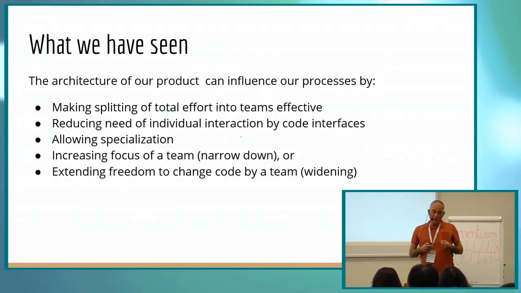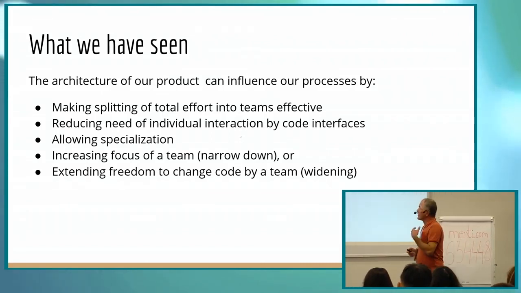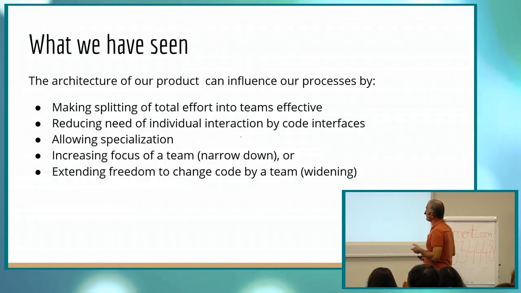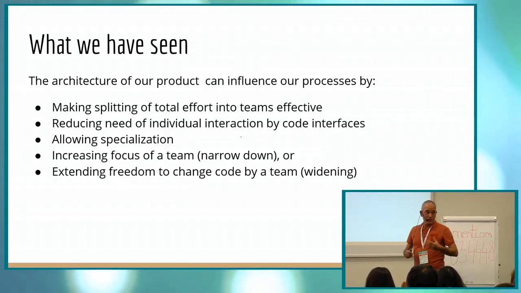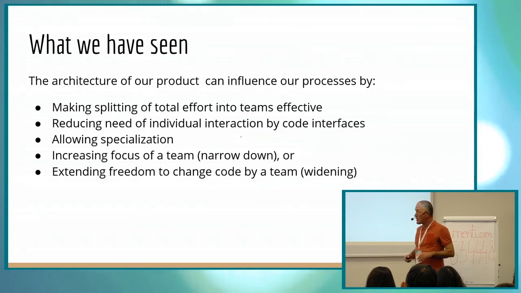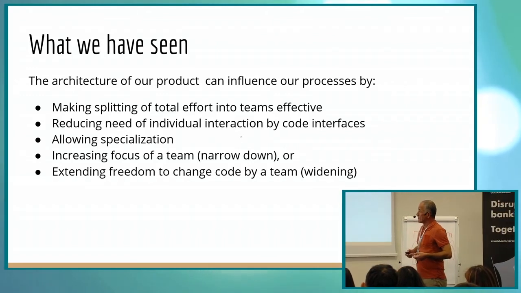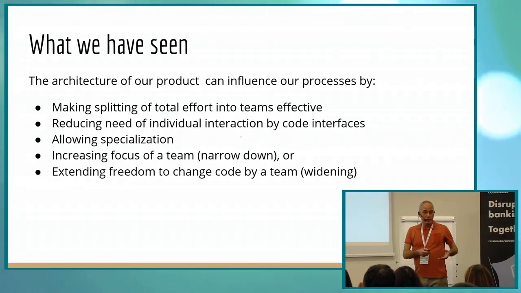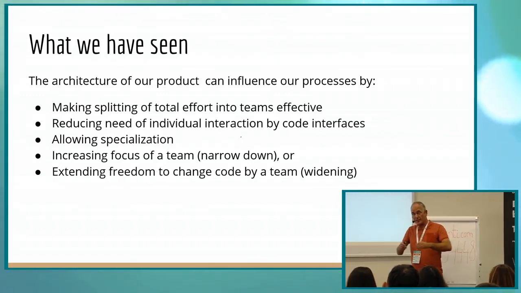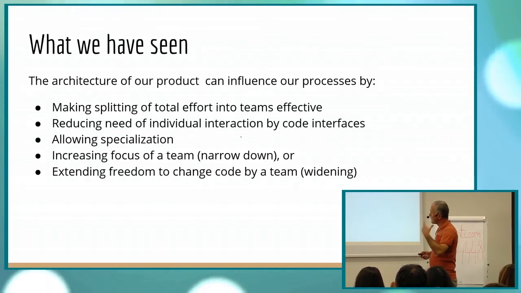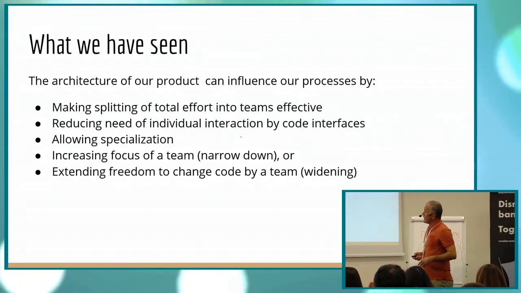We can reduce the need for individual interaction by having interfaces of code. We don't have to talk about everything. Here is a given API. We have an allowing of specialization, because that is made possible by saying this part is your responsibility. Just make it as good as you can.